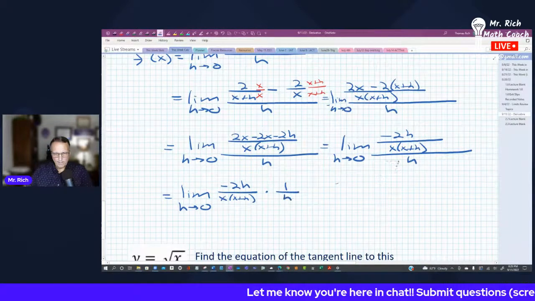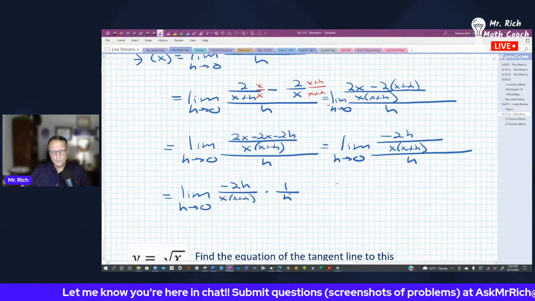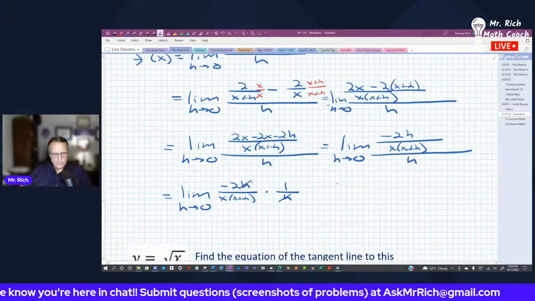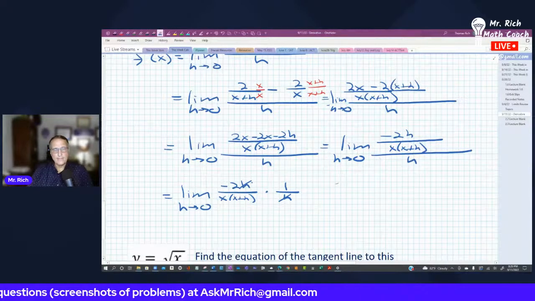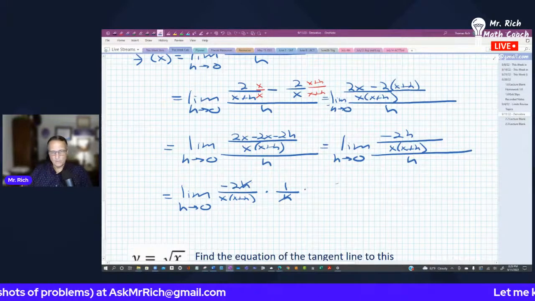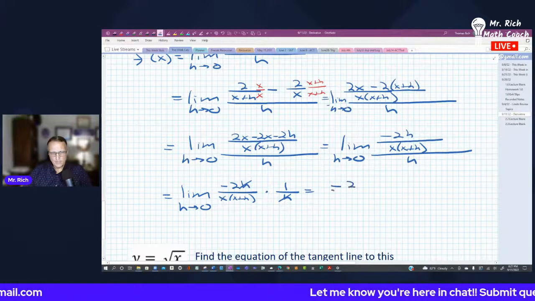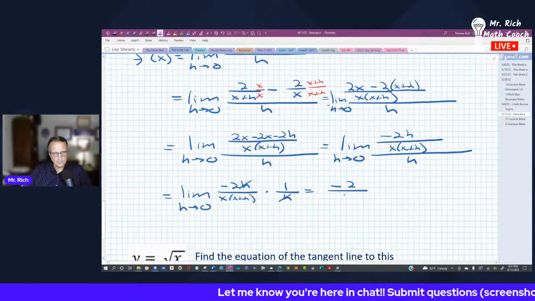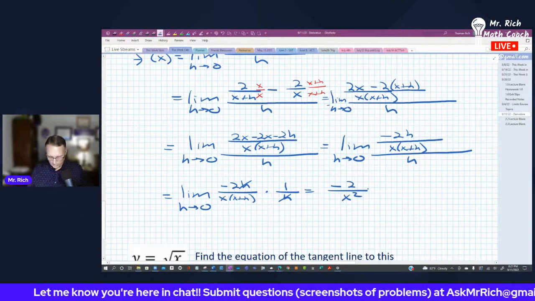To divide by h is to multiply by its reciprocal, 1 over h. So you can see what happens is those h's are going to cancel, and now I can take the limit as h goes to 0. And so this is going to end up being negative 2 over x times x, or negative 2 over x squared.